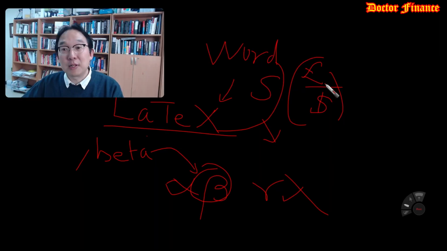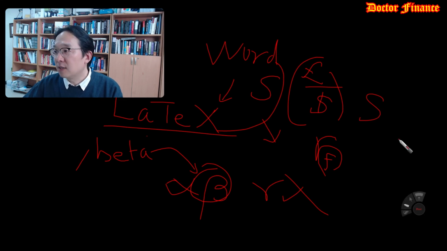How do you represent fractions, or a subscript of anything, like rate of return, risk-free, subscript like this? Or you saw ask price, spot rate. How do you write something called a superscript?